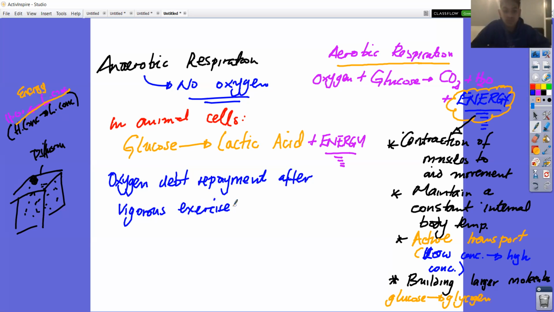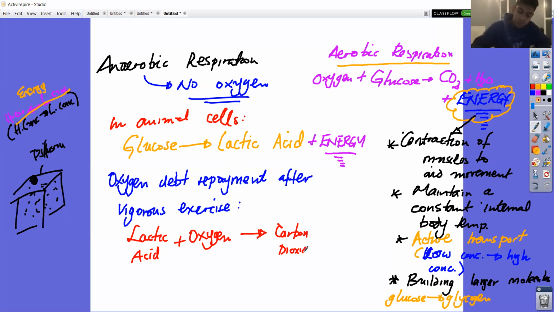Now, in this case, what happens is that the lactic acid combines chemically, so it's a chemical reaction, with the oxygen which you're breathing in to then form carbon dioxide plus water. Okay, so this is during the oxygen debt repayment.